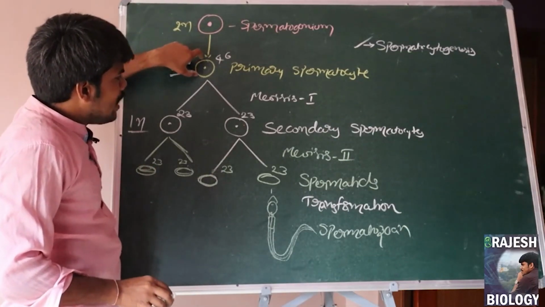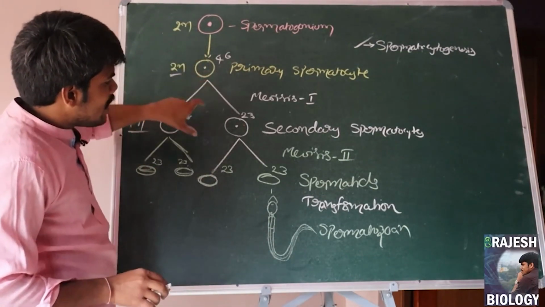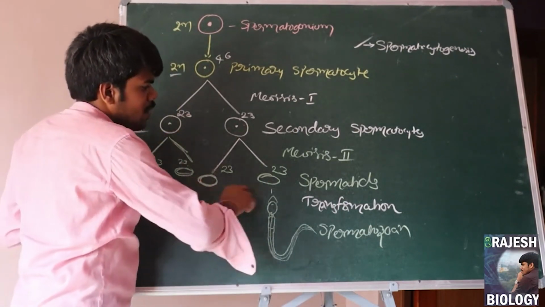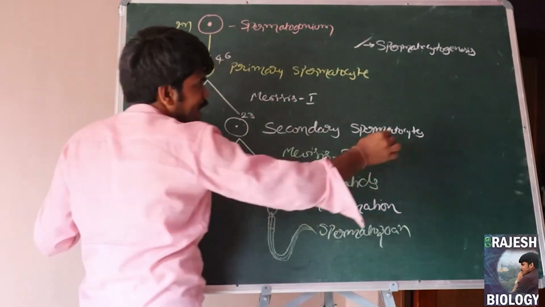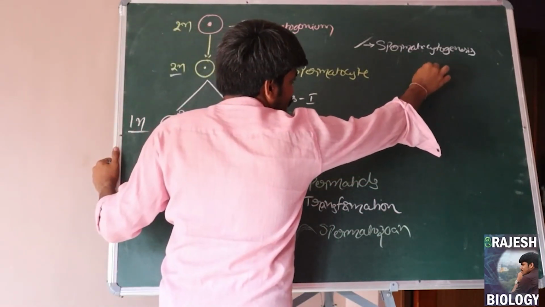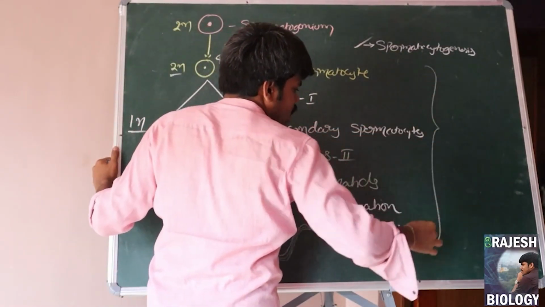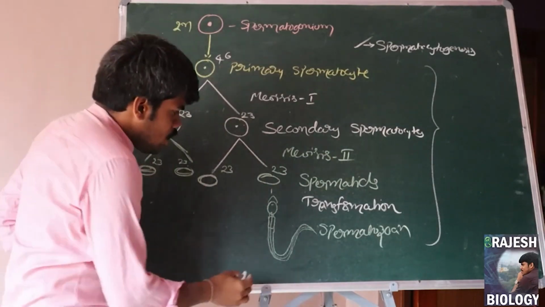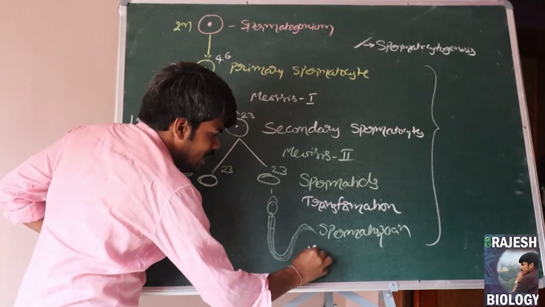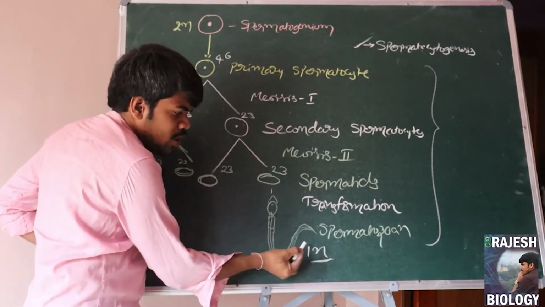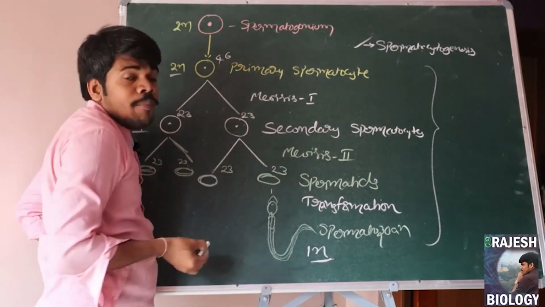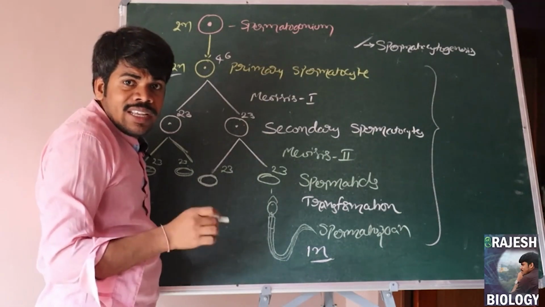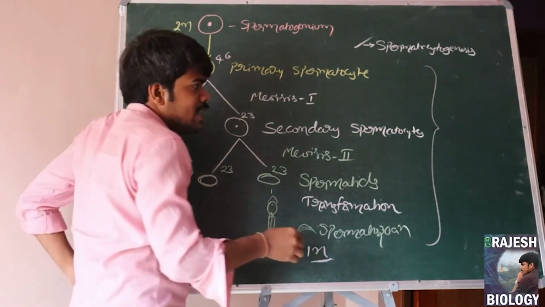Primary spermatocyte undergoes first meiotic division and second meiotic division. They form the spermatids that transform into the spermatozoa. This entire process is called, entire process means what? Formation of haploid spermatozoa from the diploid primary spermatocyte is called spermatogenesis.